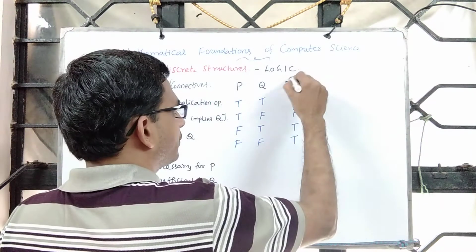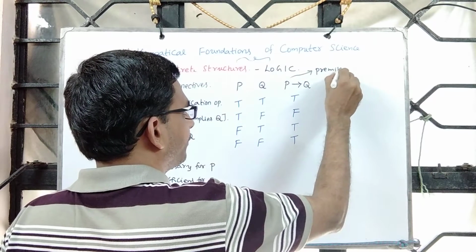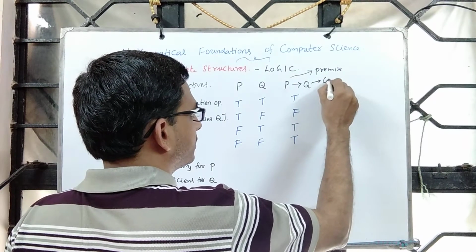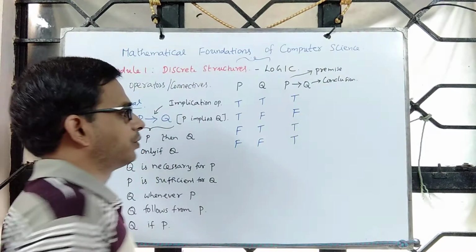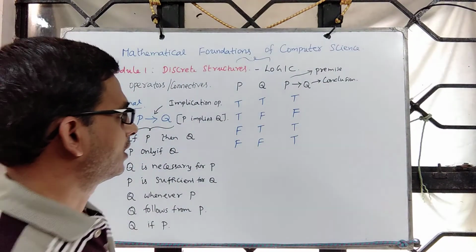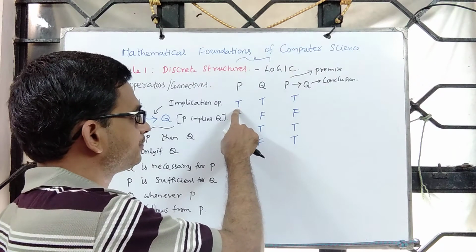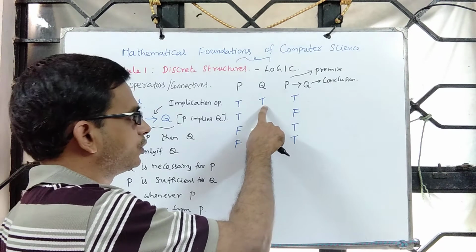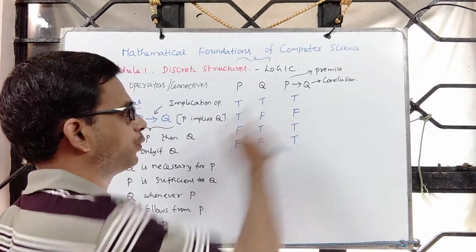P is also known as the premise, Q is known as the conclusion. So what is this telling us? When premise is true and conclusion is true, then the statement P implies Q is true.